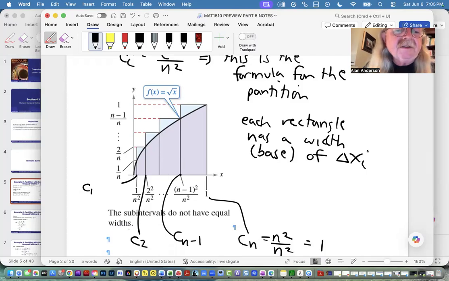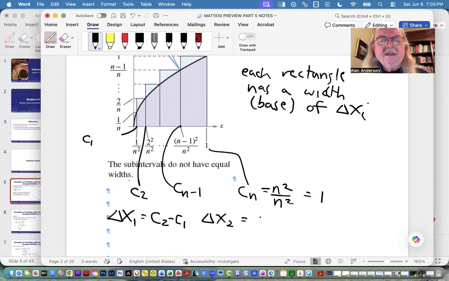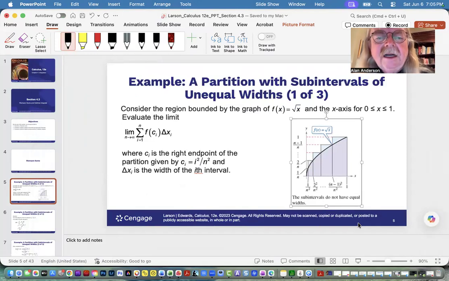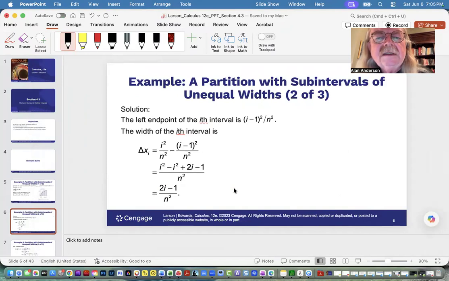All right, so for example, this first rectangle is C2 minus C1. Okay, delta x2 would be C3 minus C2, et cetera, et cetera. All right, now, what does this get us? Well, in general, the left endpoint of the ith interval or rectangle is (i minus 1) squared over n squared.